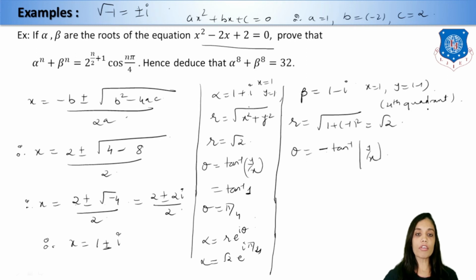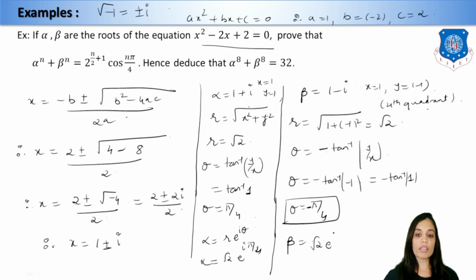Because it lies in the fourth quadrant. So theta will be equal to minus tan inverse of 1. And so theta is equal to finally what? Again minus pi by 4. So write the exponential form using this formula. So beta will be equal to root 2 e raised to minus i pi by 4.